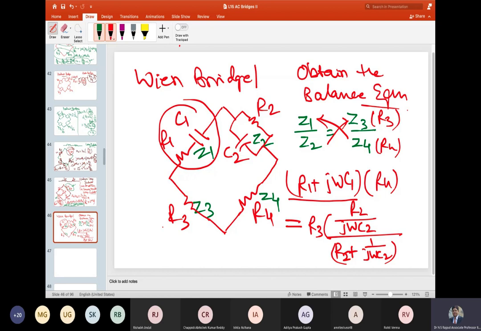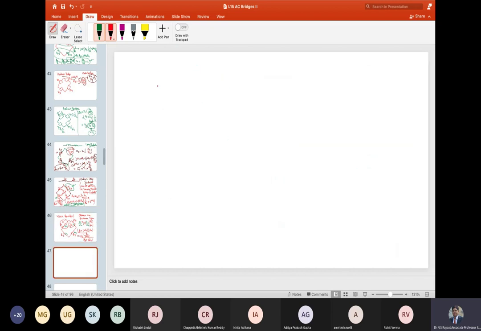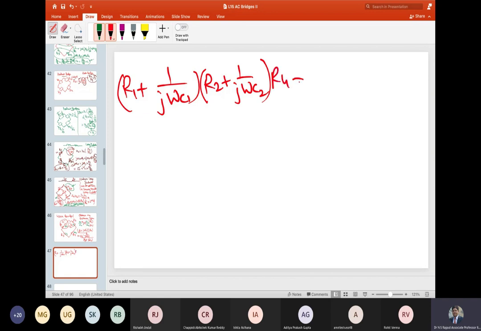So this we can solve further. You will get R1 plus 1 by j omega C1 multiplied by R2 plus 1 by j omega C2 multiplied by R4 is equal to R2 R3 divided by j omega C2, right?